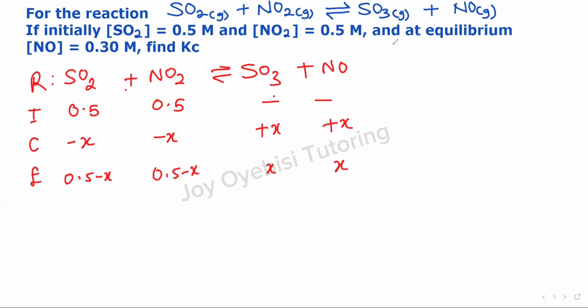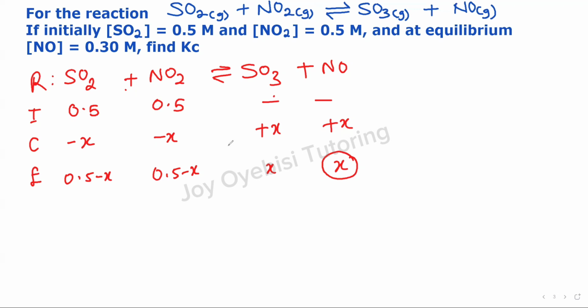Now, note that it says here at equilibrium, this NO is 0.3. Now, if NO is x at equilibrium, that means that this x is equal to 0.3 because the equilibrium concentration of NO is 0.3. And that's how we find our x.